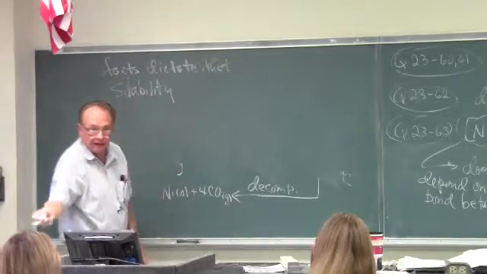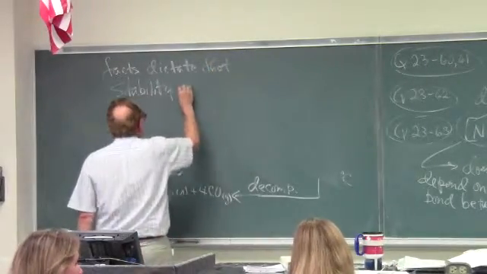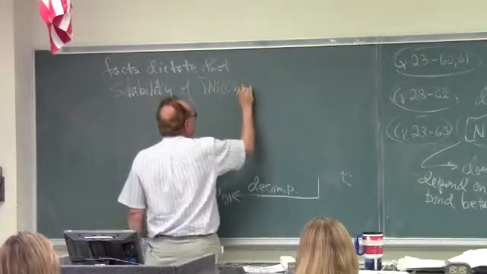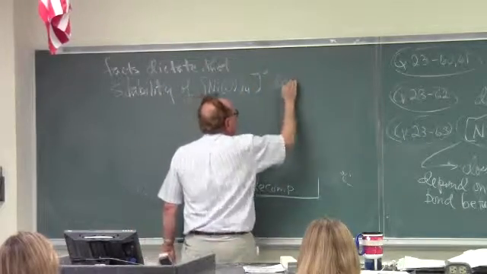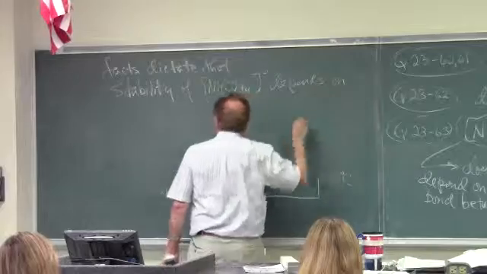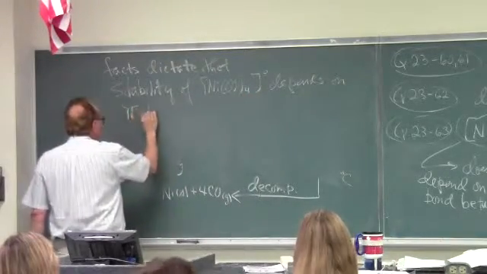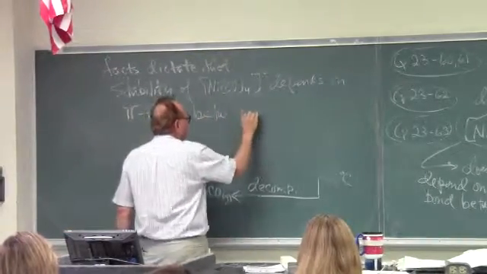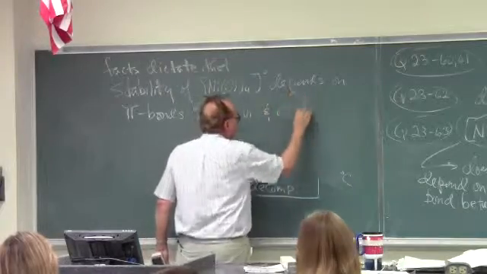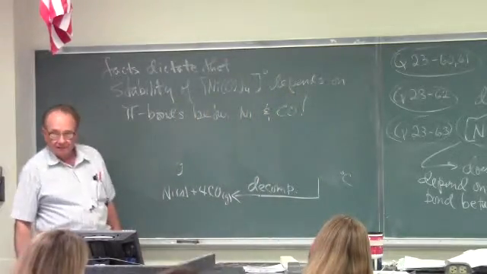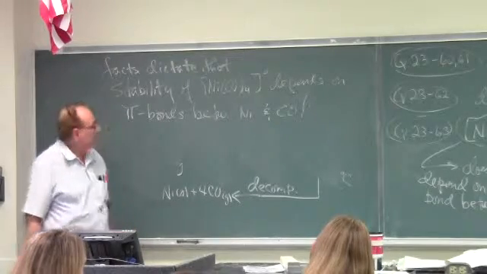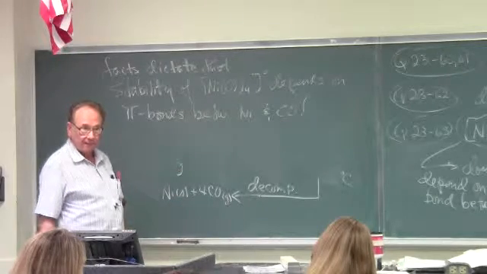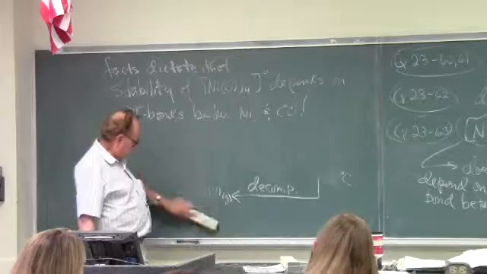And we've just been surveying the facts. Stability of this depends on pi bonds between nickel and carbon monoxide. Because we've now succeeded in ruling out the possibility of the stability of this depending upon sigma covalent bonds. So it must depend on pi covalent bonds.